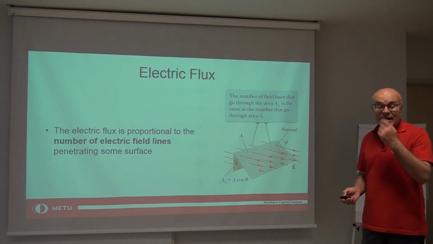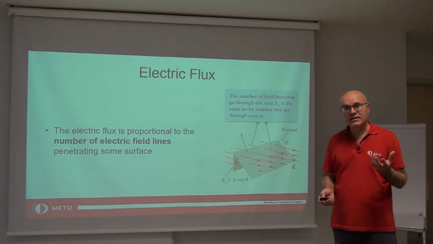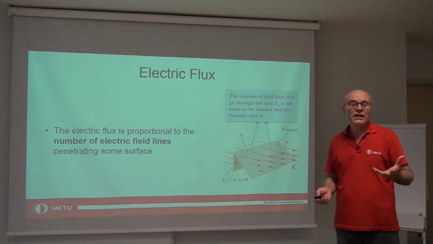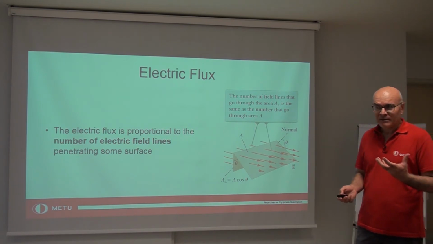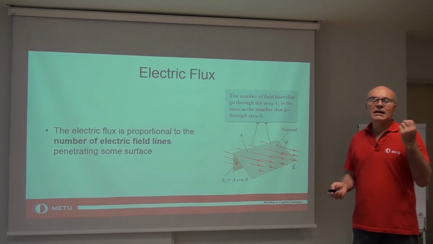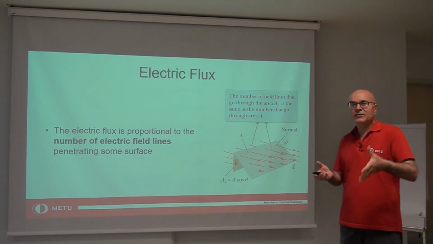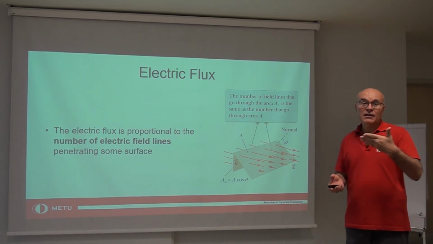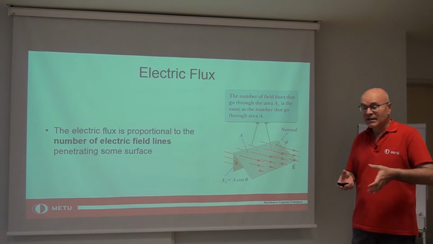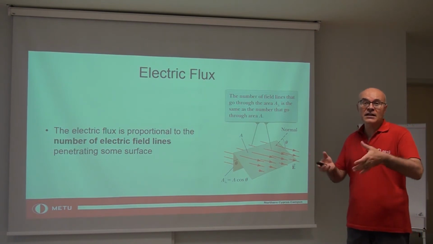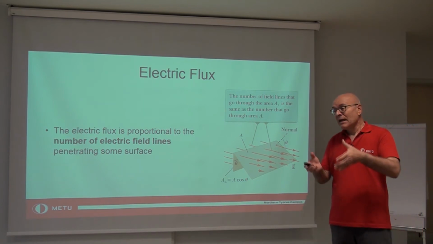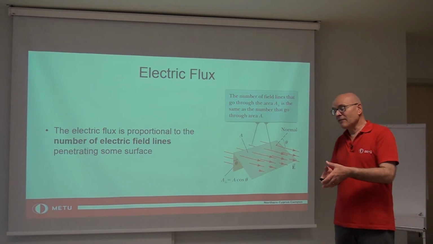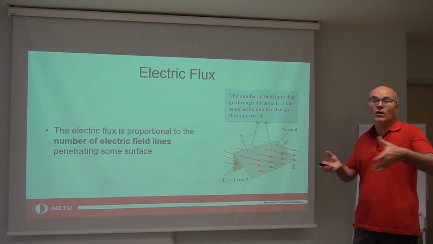Now, we can think of the electric flux as being proportional to the number of electric field lines crossing a surface. This should make sense because, as we defined when we introduced electric field lines, the density of lines, which is the number of lines that cross a surface perpendicular to that surface, is proportional to the electric field. So when you have larger electric fields, you will have more lines.